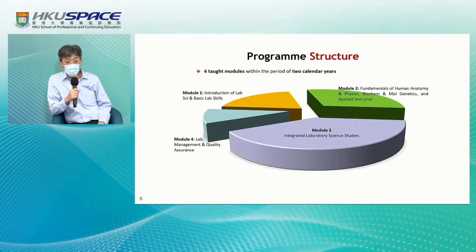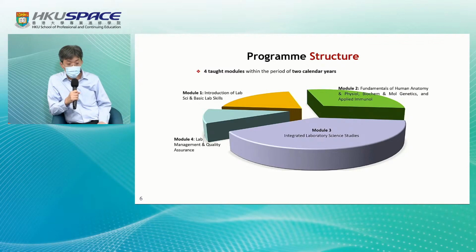In this program, we have 4 modules, and each module is tailor-made to train staff to gain hands-on experience and become well-experienced staff working in the testing laboratory under supervision.